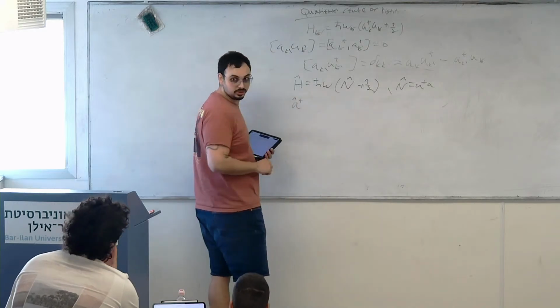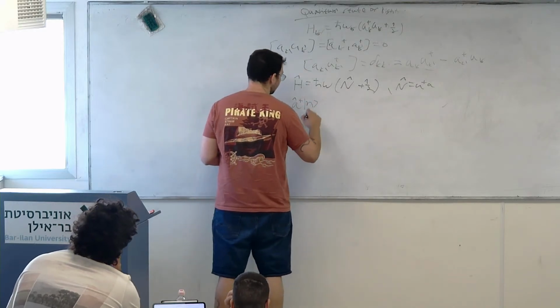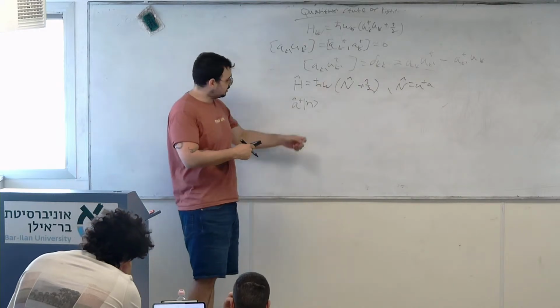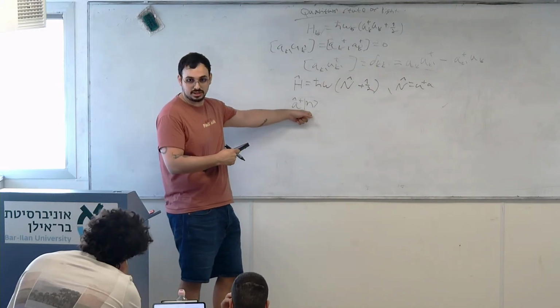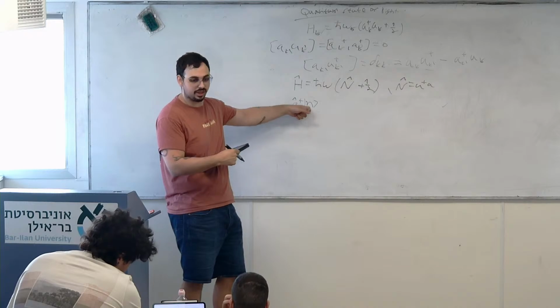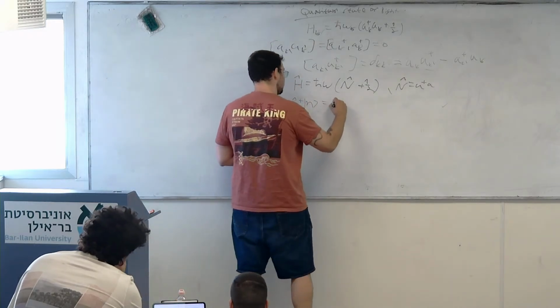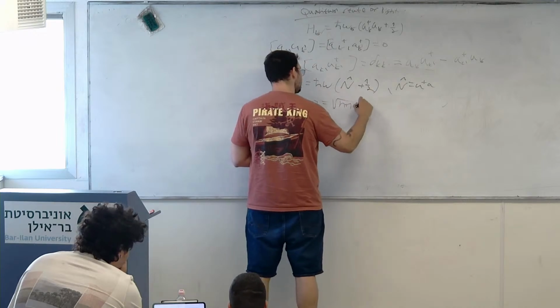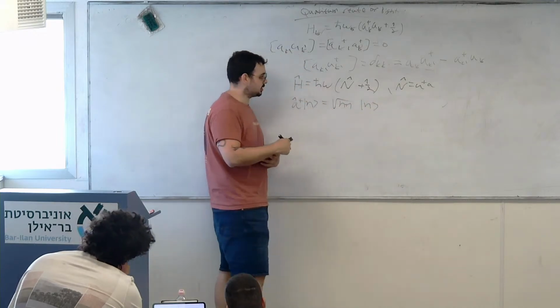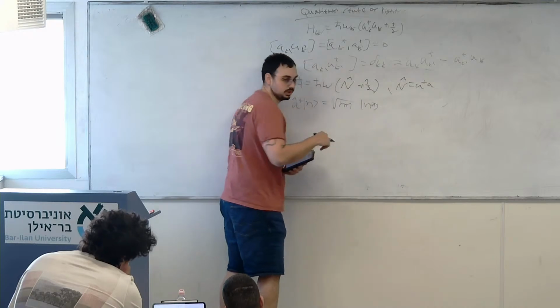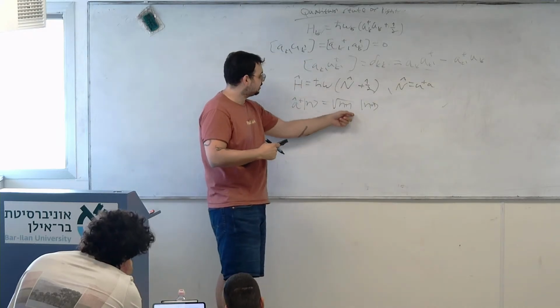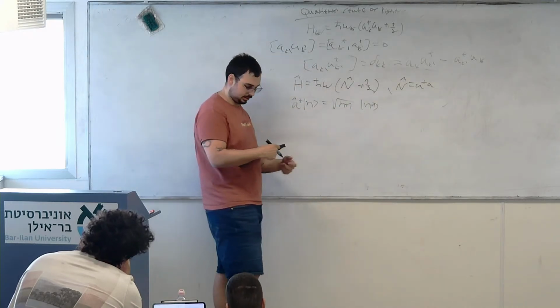The creation operator on a number state. Note that a number state is basically saying how far we are on the ladder. We are n steps over 0 on the ladder. This would take us up one state and add a normalization factor of square root of n plus 1.